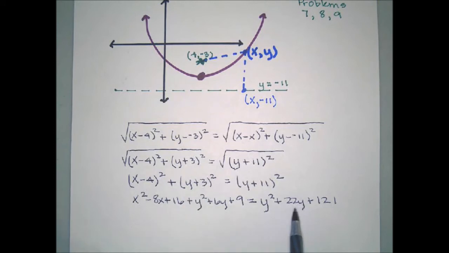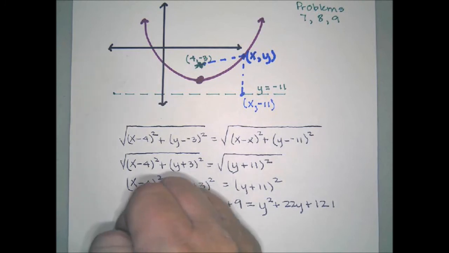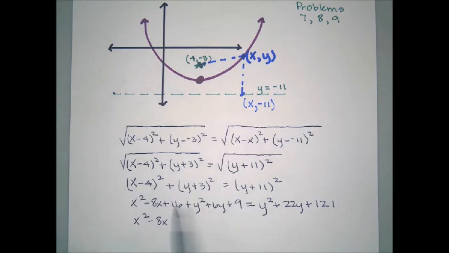Now I'm going to start looking at what can I simplify. Well, there's no other x squared on the left-hand side. There's no other x. So I've got x squared minus 8x. I can put these two constants together. 16 plus 9 is 25.